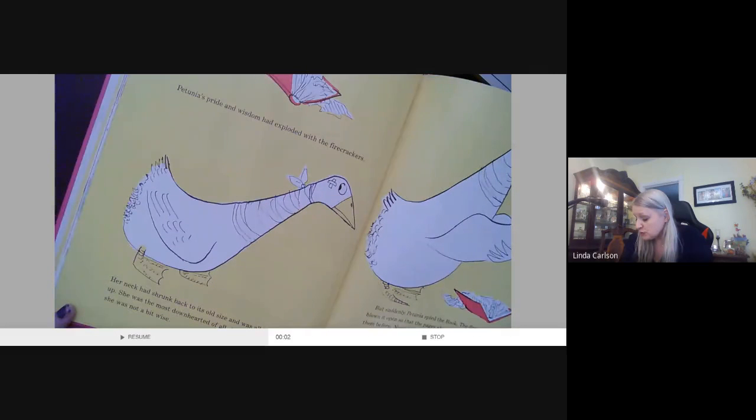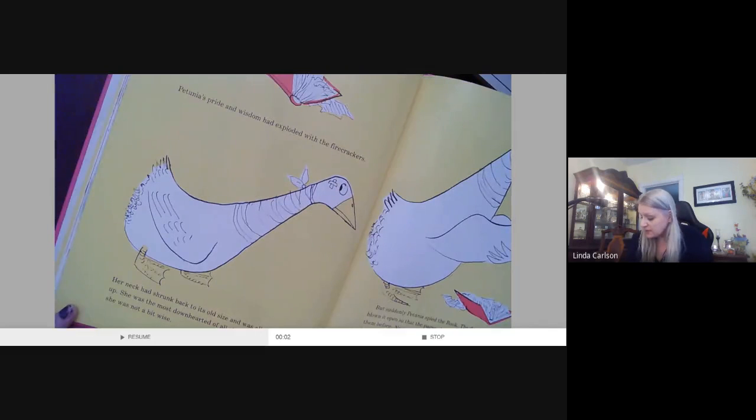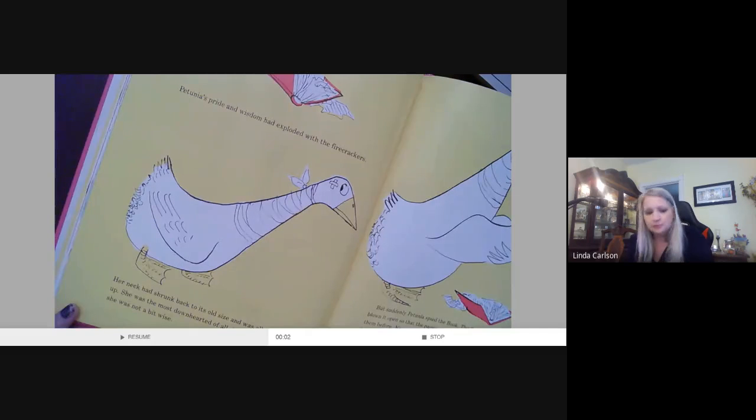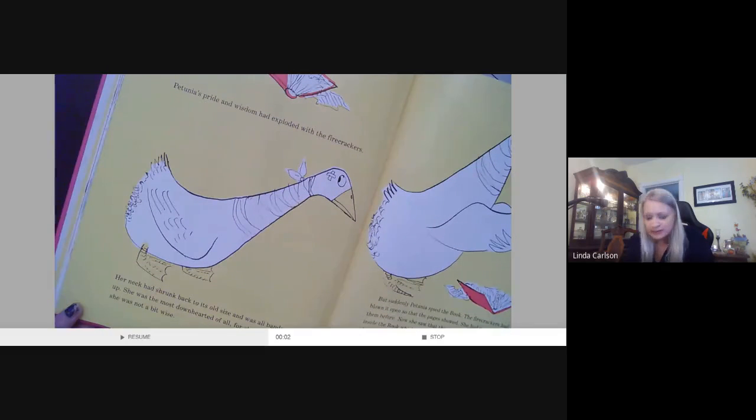But suddenly Petunia spied the book. The firecrackers had blown it open so that the pages showed. She had never seen them before. Now she saw that there was something written inside the book which she could not read. So she sat down and thought and thought and thought until at last she sighed. "Now I understand. It was not enough to carry wisdom under my wing.